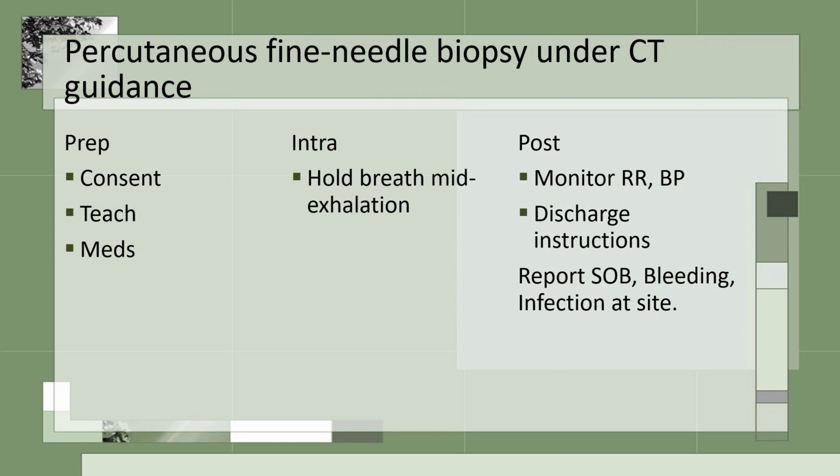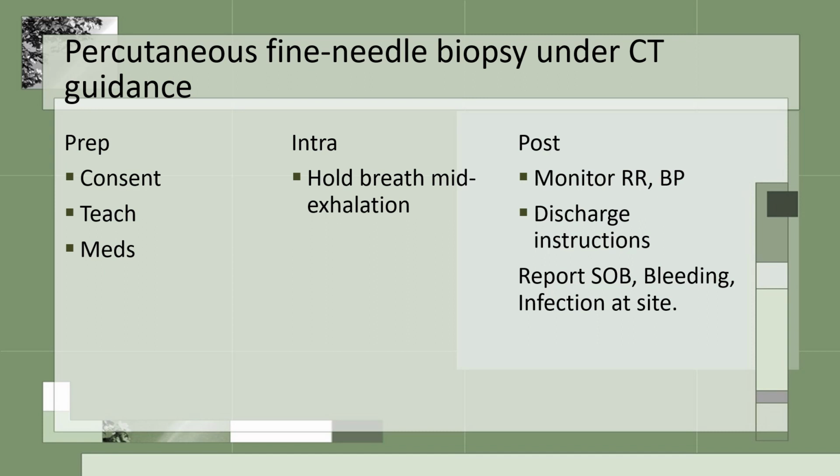So the next type of biopsy would be a percutaneous fine needle biopsy under CT guidance. So this is coming from outside the body through the chest wall. So we need to make sure in preparation that consent is done and that we teach the patient about what's going to happen because they're going to be an active participant in this one.